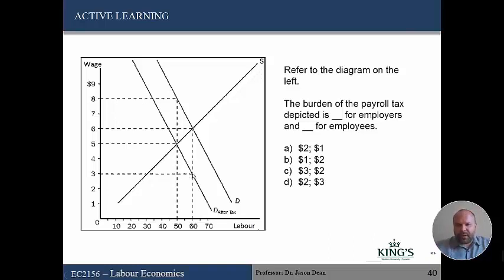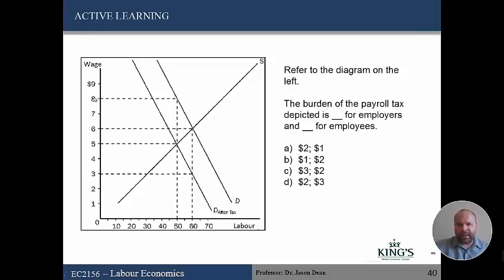Now, the firm, so the new equilibrium is 5, okay? So now the firm is going to have to pay a wage of 5 plus the tax, which is 3. So they're going to be up here at $8, okay?